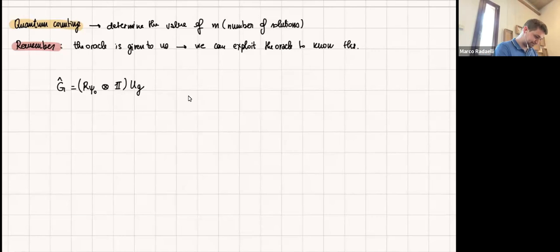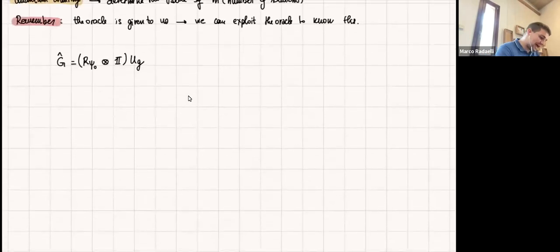Let's first redefine a Grover operator G tilde just as R psi naught U tilde G. Let's remember that this acts on a minus, but we are ignoring the minus. Again, this is not very important, but just to be as precise as possible. Now what does the Grover operator do? Actually, what it does is just a rotation by 2 theta naught.